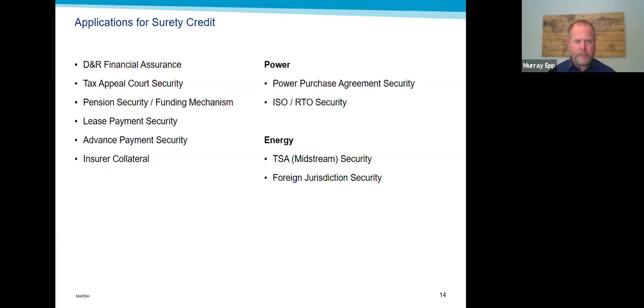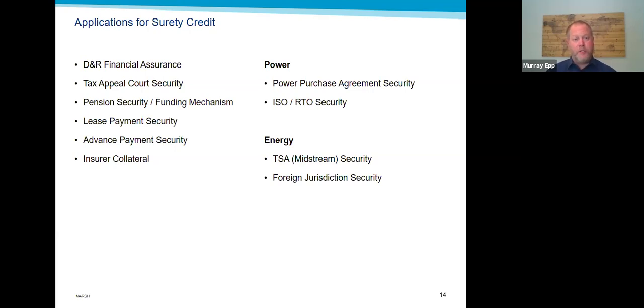One of the most obvious uses of surety credit that stands out is in the decommissioning and reclamation financial assurance space. Not necessarily locally for this industry, but certainly for other industries and a lot of other jurisdictions. The reclamation financial security is something that we issue a lot of bonds for.